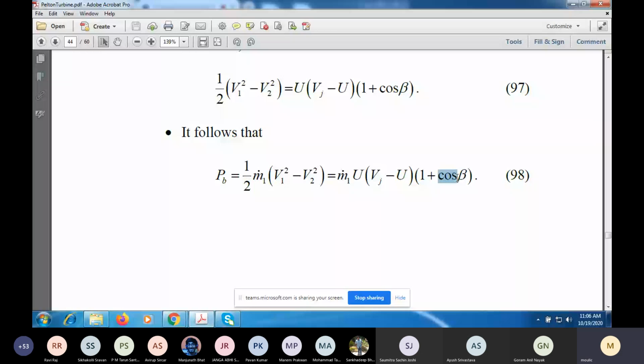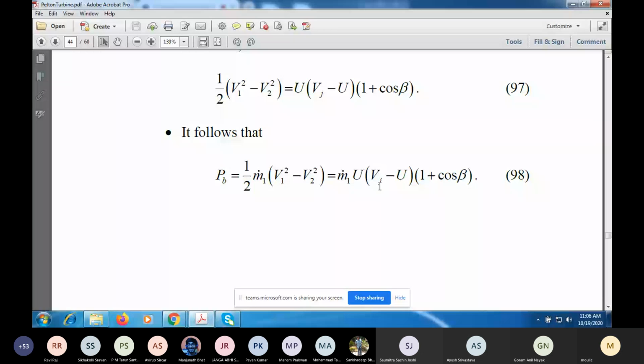So 1 plus 1 will give you 2. And this is a quadratic function, quadratic in u. So for a given m1 dot, this will have a maximum when u is vj by 2. Then you'll have vj by 2 here, vj by 2 here, multiplied by 2 here. So 4 in the denominator, 2 in the numerator. So you'll get half m1 dot vj square.